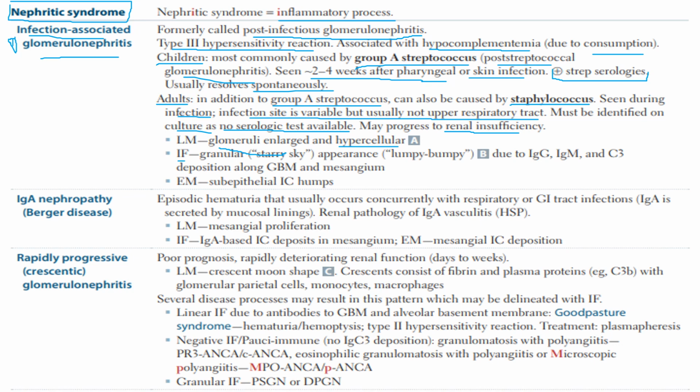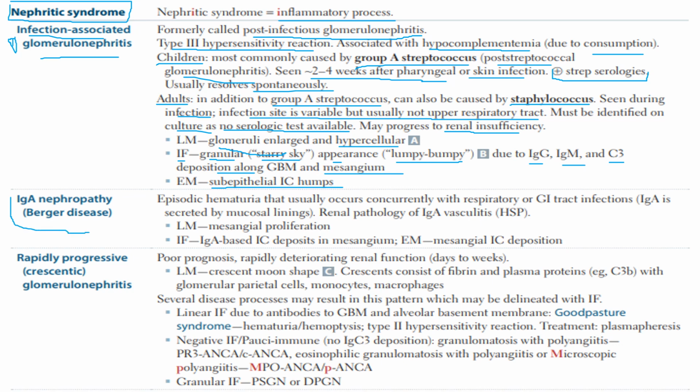Immunofluorescence shows a granular starry sky appearance and humpy bumpy, as shown in diagram B in the next slide, due to IgG, IgM and C3 deposition along the glomerular basement membrane and mesangium. On electron microscopy, it shows subepithelial IC humps.